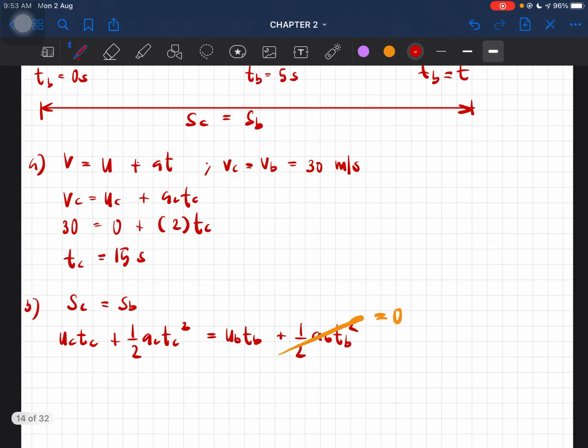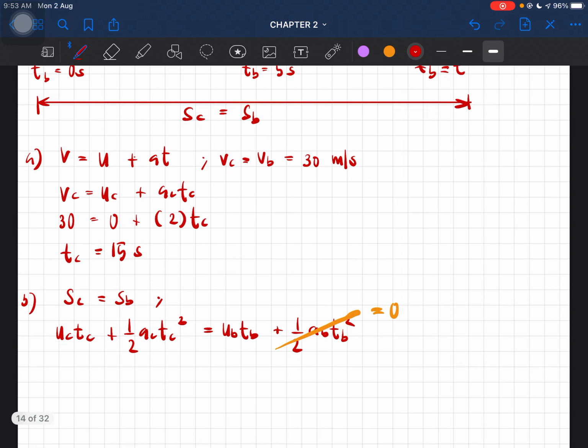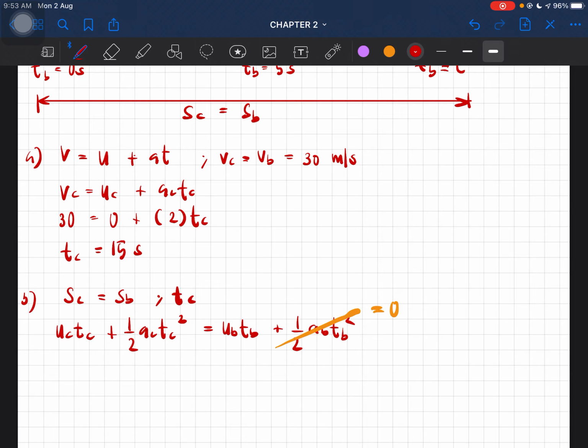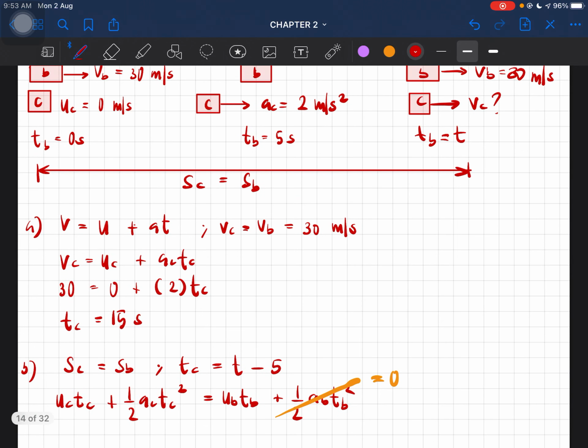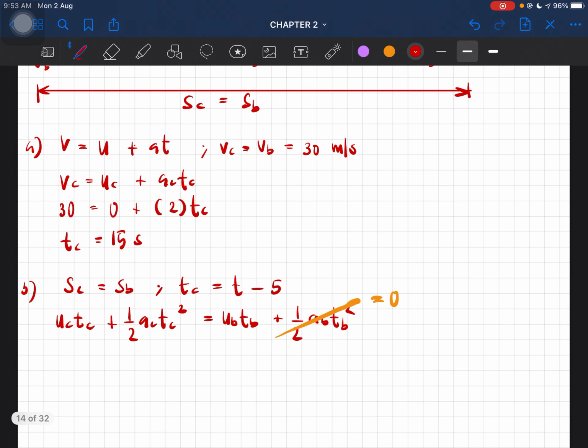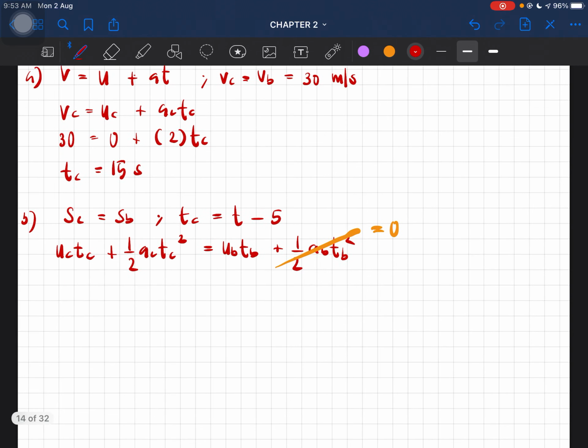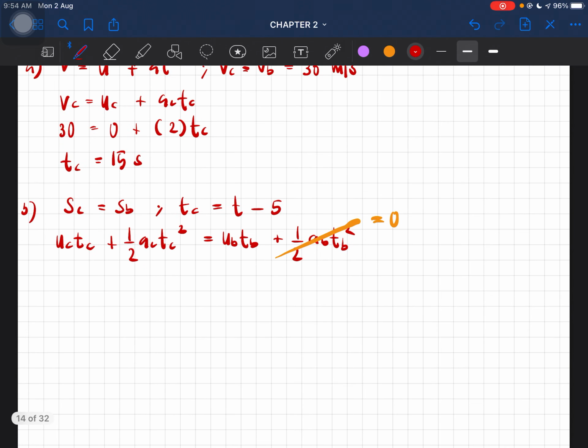Okay, so from here, we know that the time taken for the car, t_c, is actually equal to t minus 5. So the time for the car, we have to subtract 5 seconds because it only just started after 5 seconds, right? Okay, so substitution, so this is also equal to 0.